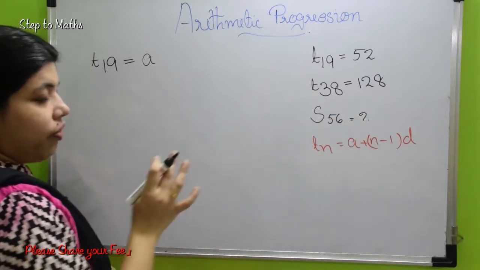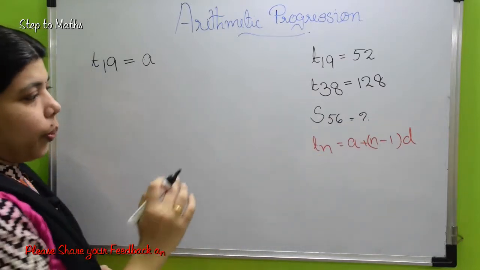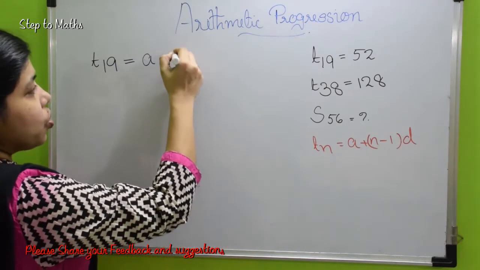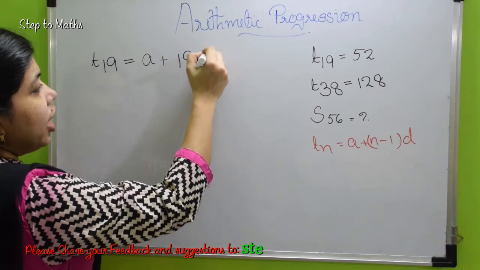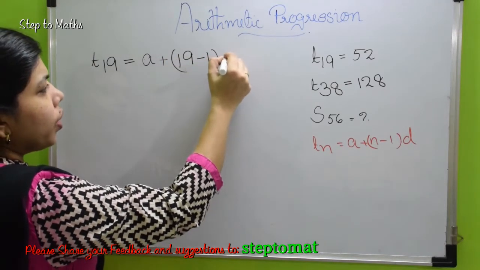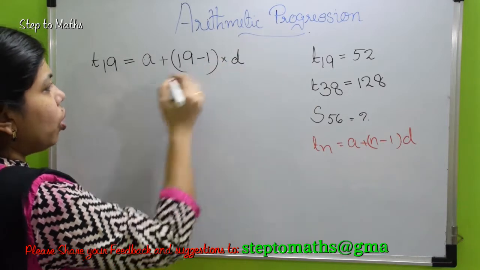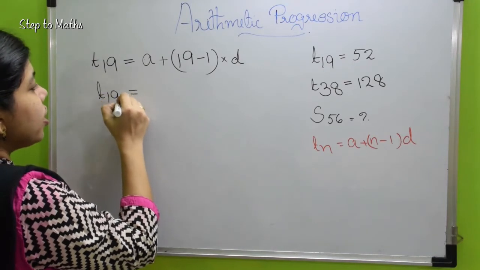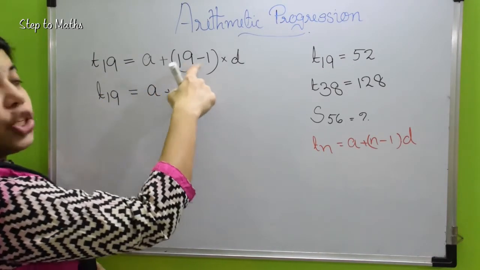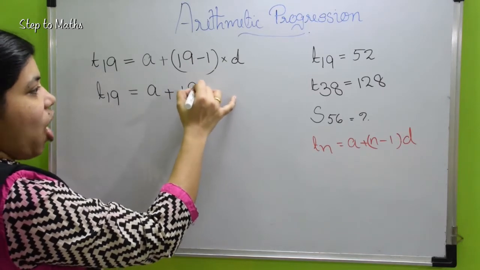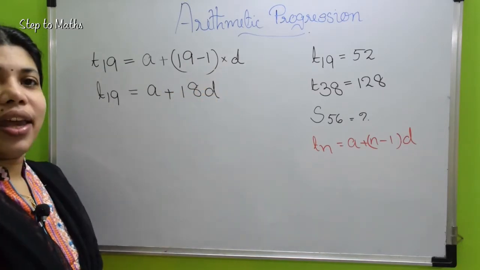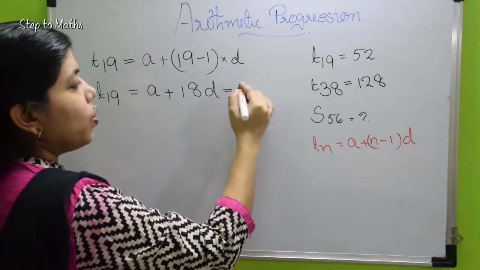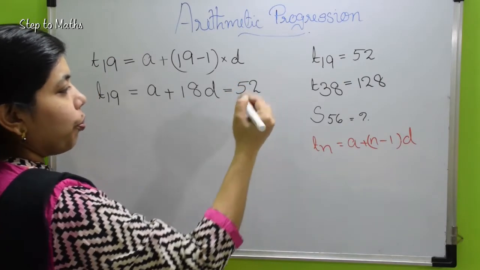A and D, the first term and common difference, are not given. So T19 is a plus 19 minus 1, that is 18, into d. A plus 18d is equal to 52.